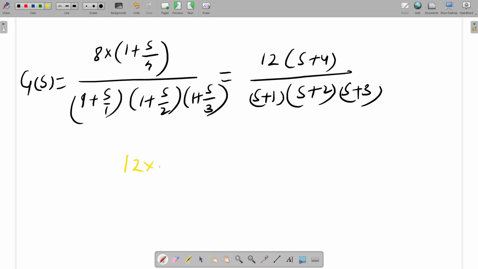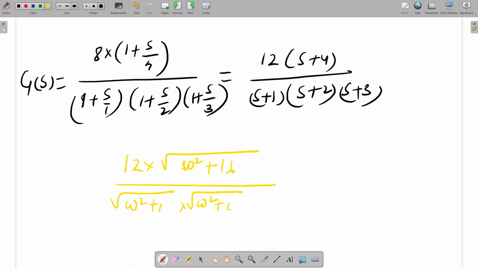So 12 into under root omega square plus 16, divided by omega square plus 1 into omega square plus 4 into omega square plus 9, correct? This should be equal to 1. Yes, sir.